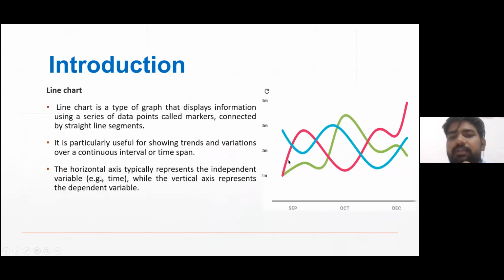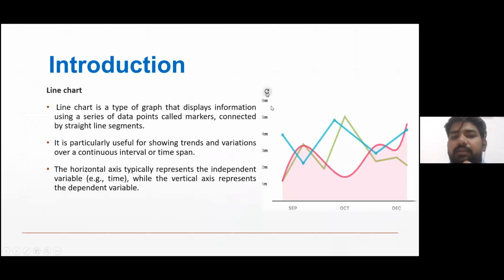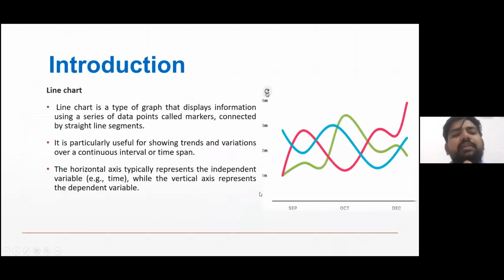The horizontal axis typically represents the independent variable, while the vertical axis represents the dependent variable. The x-axis is always the timestamps, and in this project I use the closing stock price day by day.